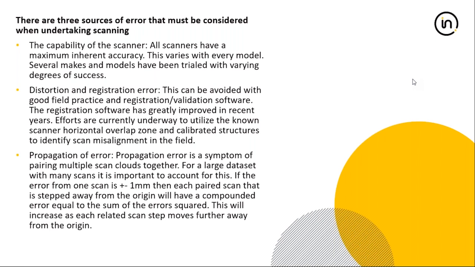All the errors from all the measurements that you add together are always going to add up to the final error of the procedure. So you have to have very good field practices in order to minimize the propagation of the error throughout the whole operation.